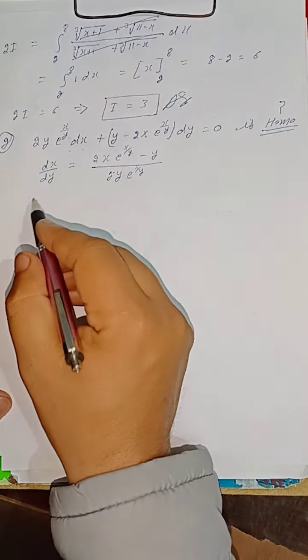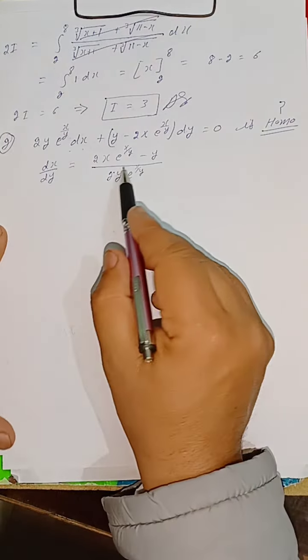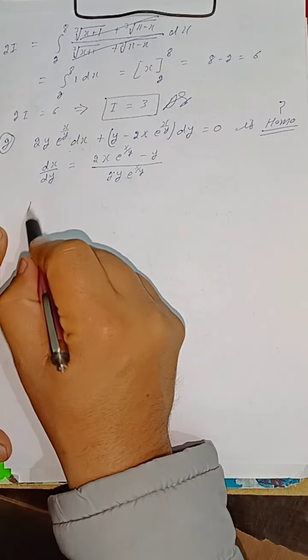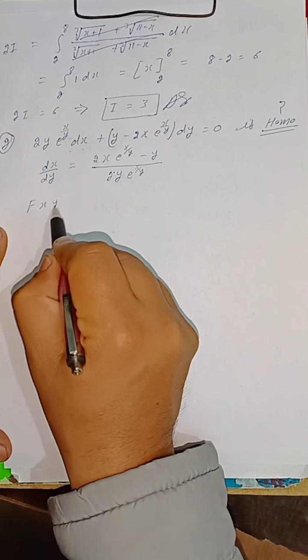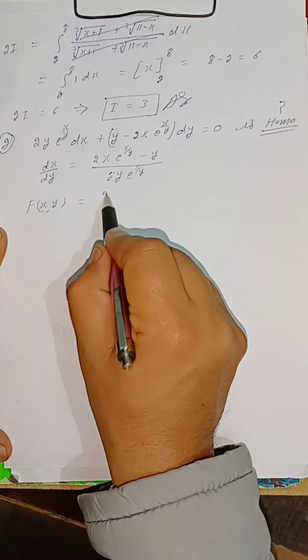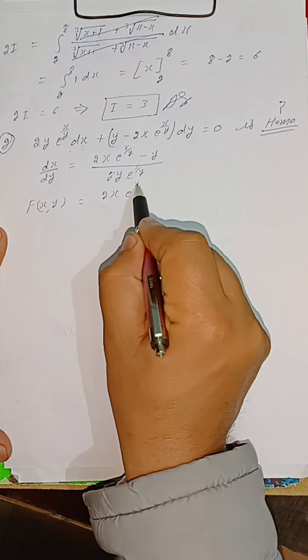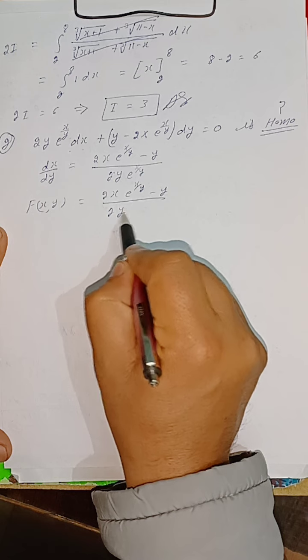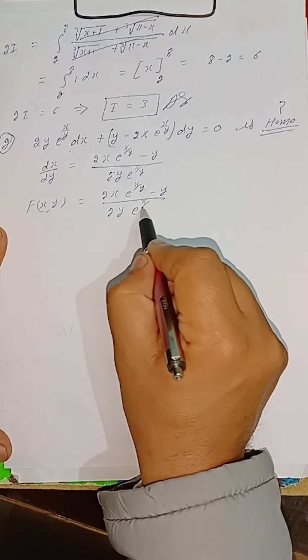Here the function on the right-hand side is a function of x and y. So we have f of x comma y is 2x e raised to power x upon y minus y upon 2y e raised to power x upon y.